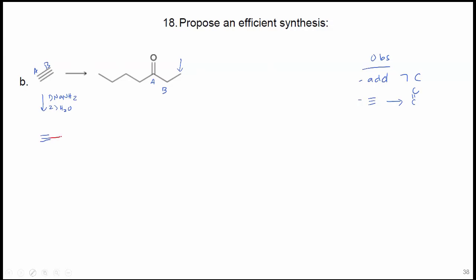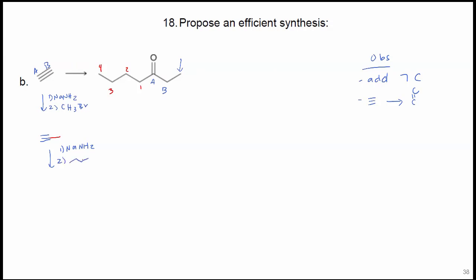So I'm adding that 1 carbon. On the other end, I need to add 4 carbons. That should be CH3Br, sorry.